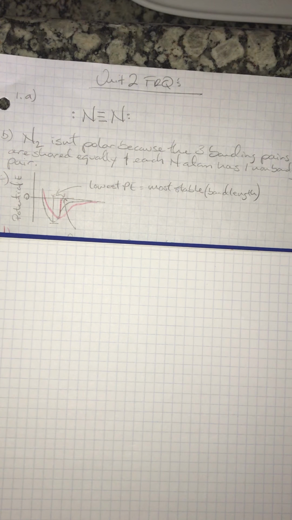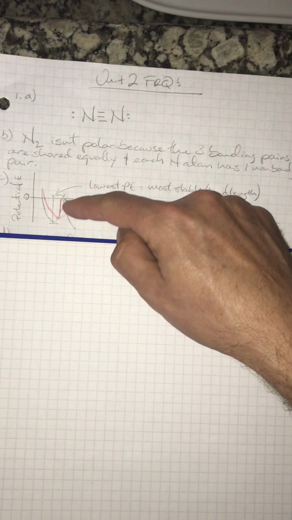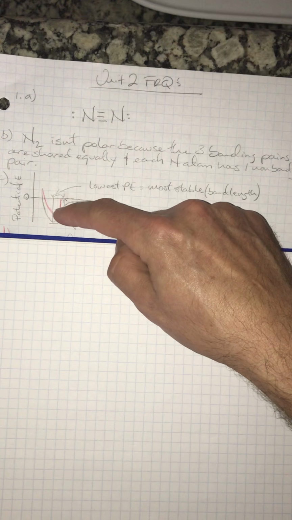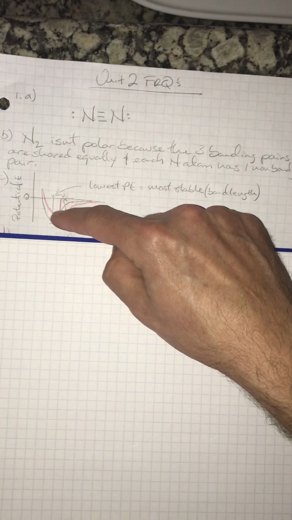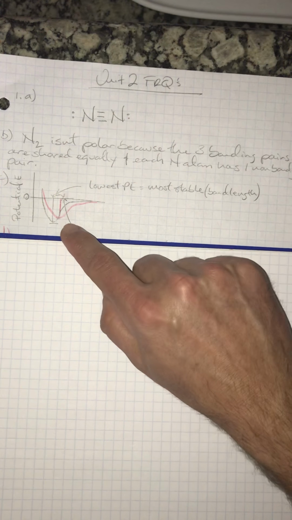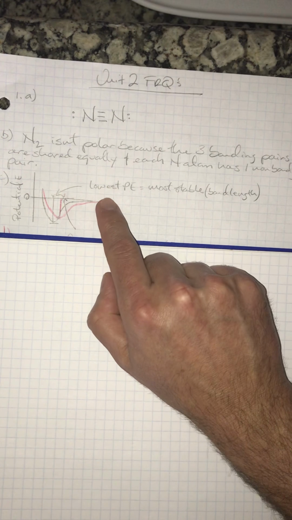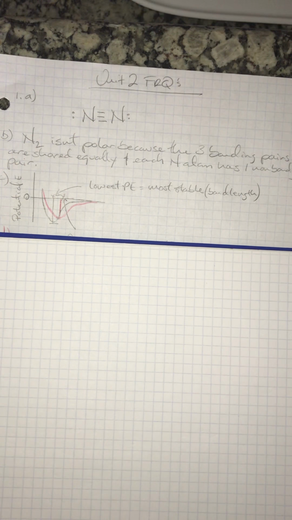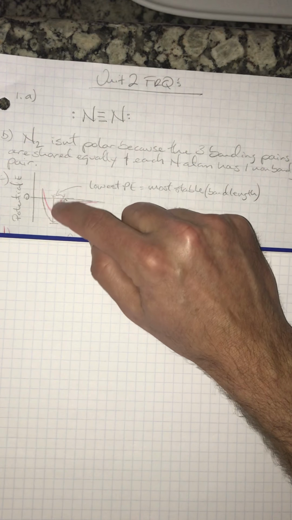Now, part D asks you to compare that with O2, diatomic oxygen. If you were to draw diatomic oxygen, the potential energy would go down slightly less, and it would have a very similar curve, but the spot would be right here.